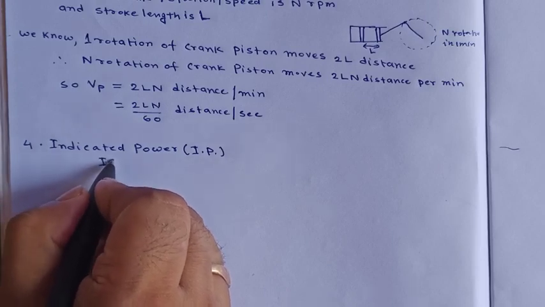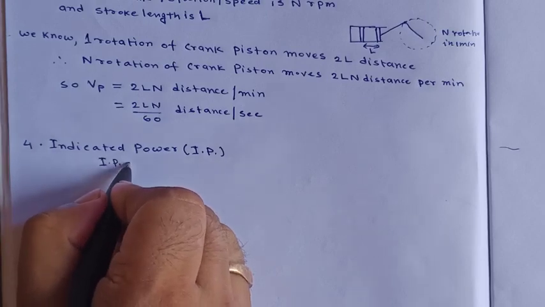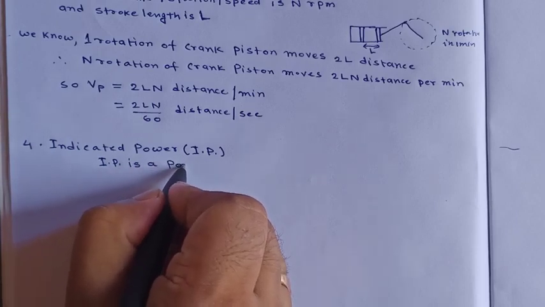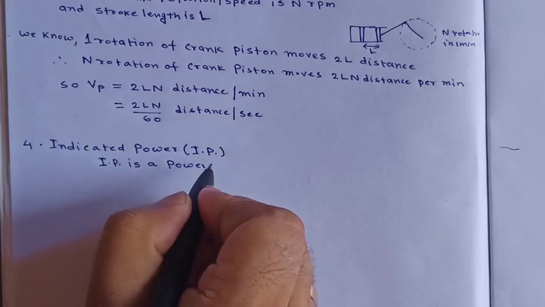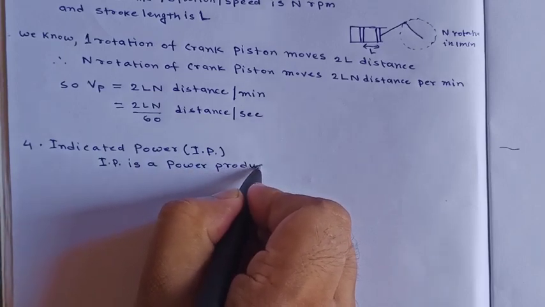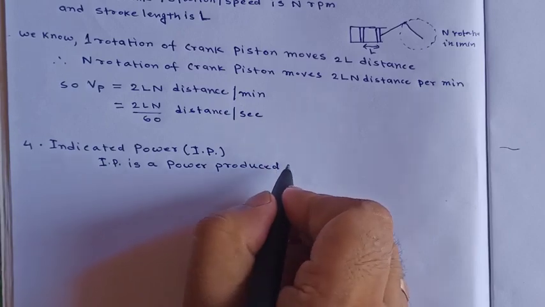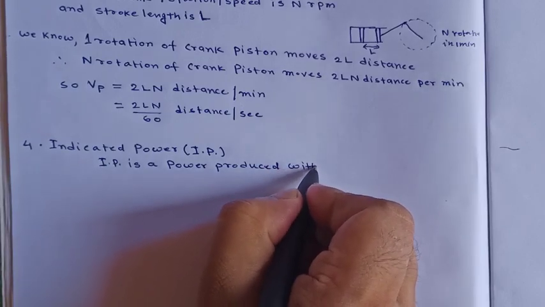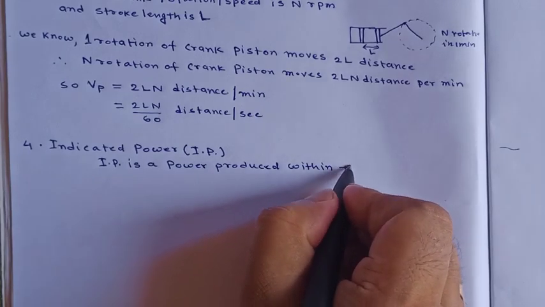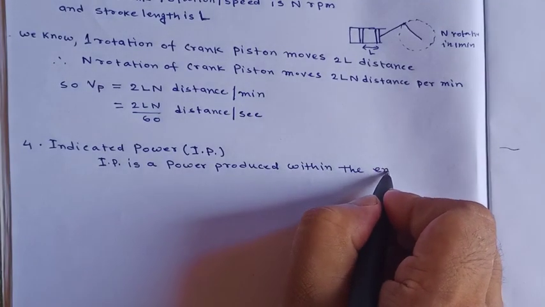IP is a power produced within the engine cylinder.